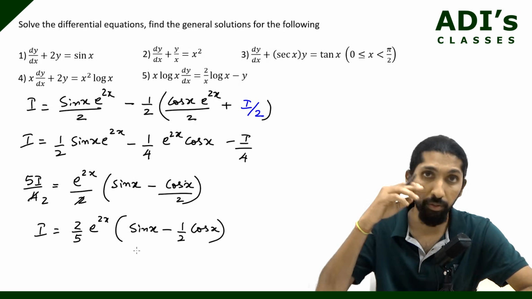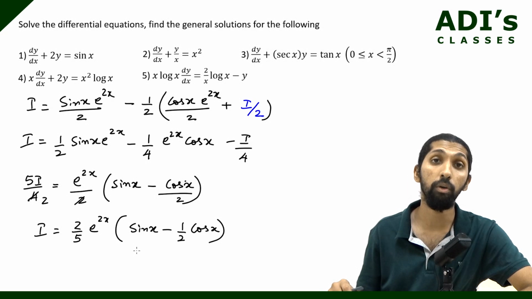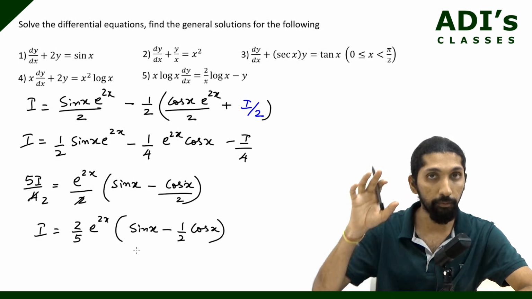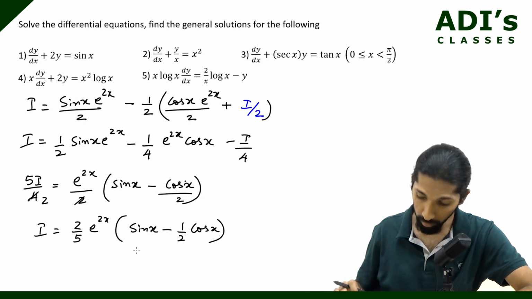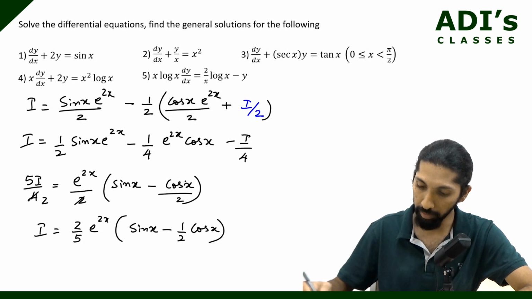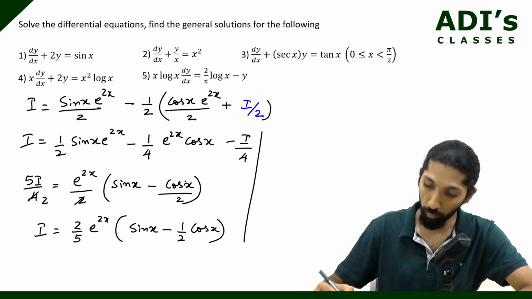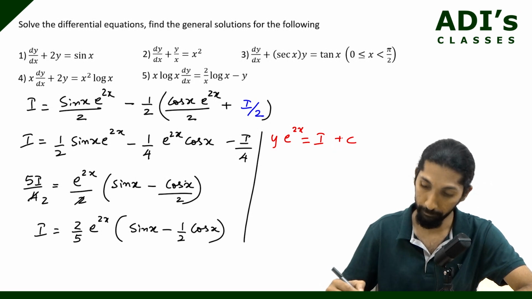Now, what I want you to see here is, this is the value of I, which we are going to put in the differential equation solution. Fine. So this is what we are going to put, that means the final value. Let me write it here only. y into e to the power of 2x is equal to this value I plus c, isn't it?